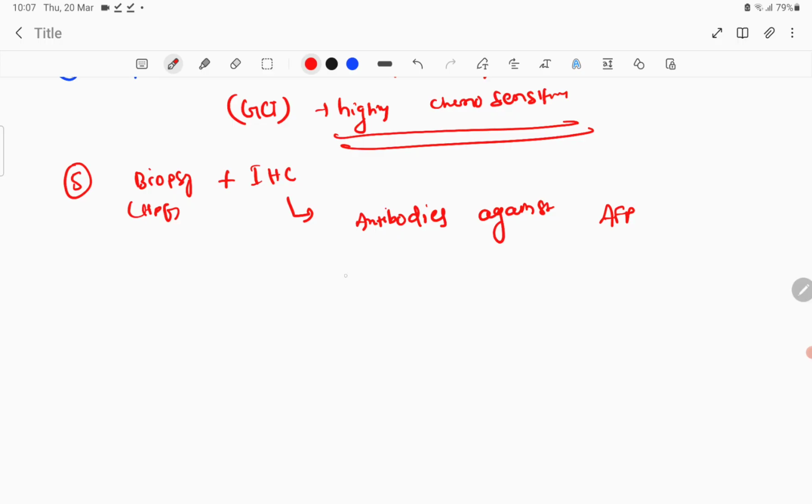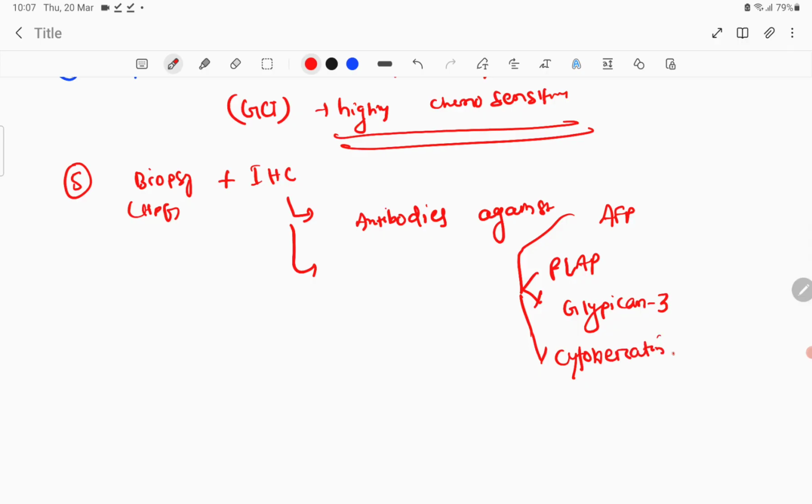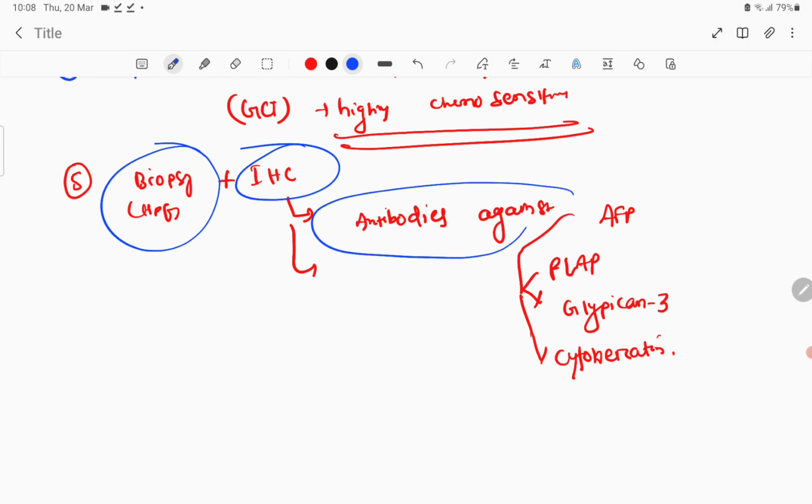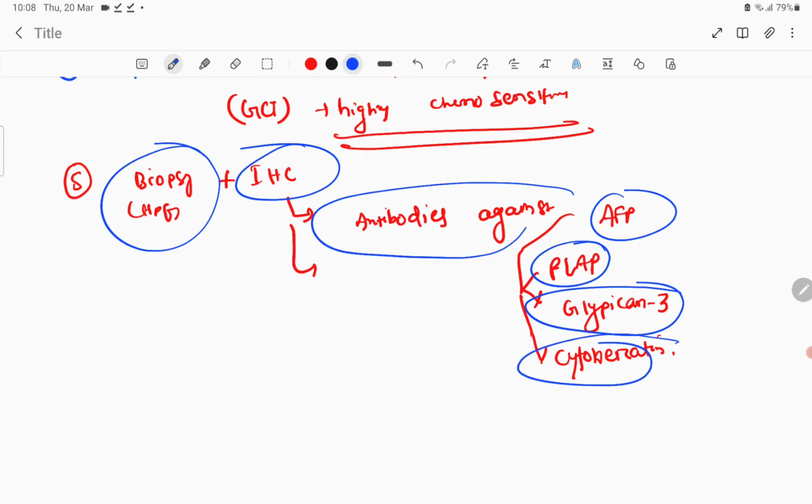Next is PLAP, placental alkaline phosphatase, then glypican 3, and fourth is cytokeratin. So if you go for a biopsy, then histopathological examination plus IHC analysis includes antibodies against these 4: alpha fetoprotein, placental alkaline phosphatase, glypican 3, and cytokeratins. Very very important statement.